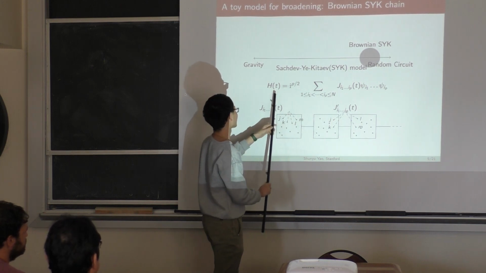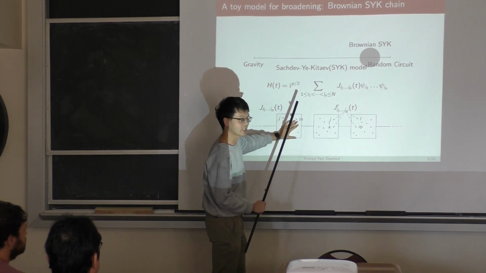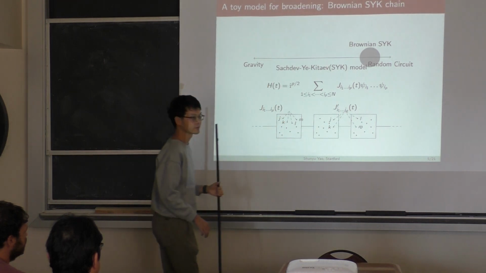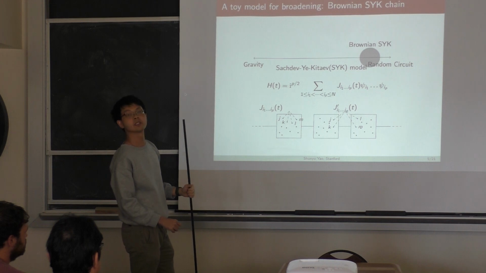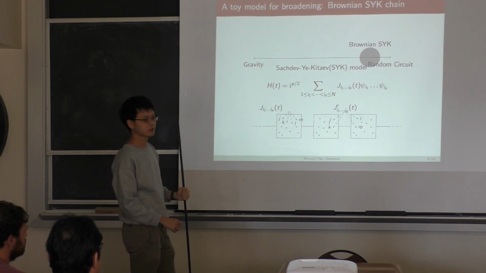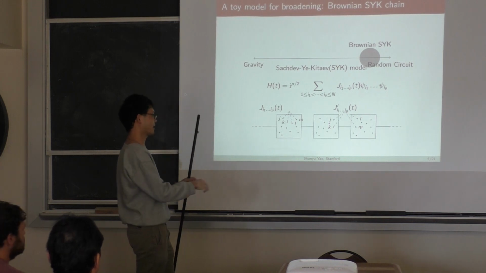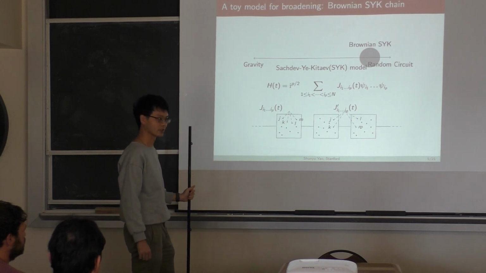So say your box is one lattice site. Yes, this is one lattice site, this is another lattice site, this is another lattice site. But there are n fermions on each lattice site. Yes, that's right. So this is a lattice of SYK models. How many of these lattice sites are there? You can take a translational invariant system, so you can have exactly as many as you want.